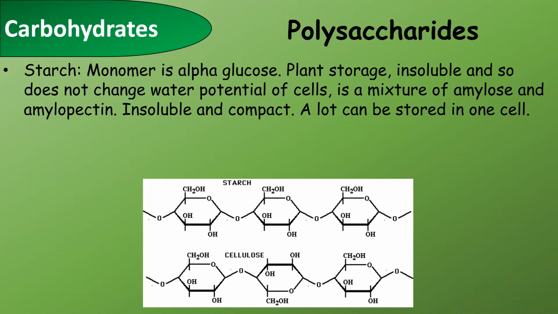This is important as starch does not change the osmotic balance. It is a mixture of amylose and amylopectin. It is insoluble and compact and can be stored easily because it compacts together.